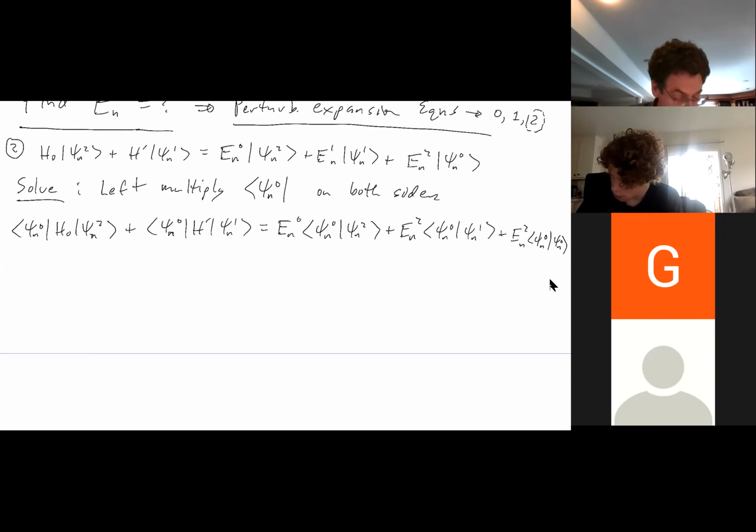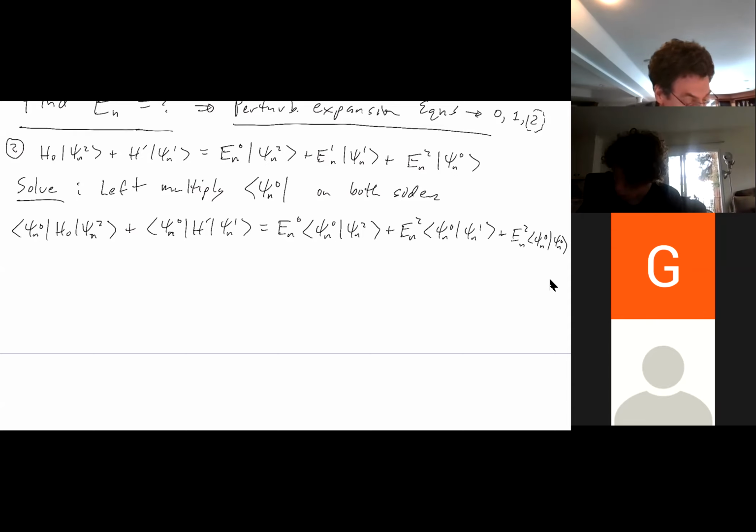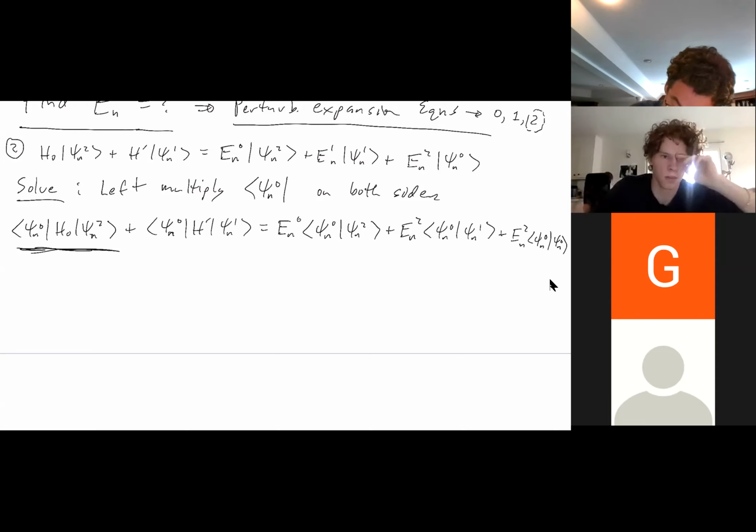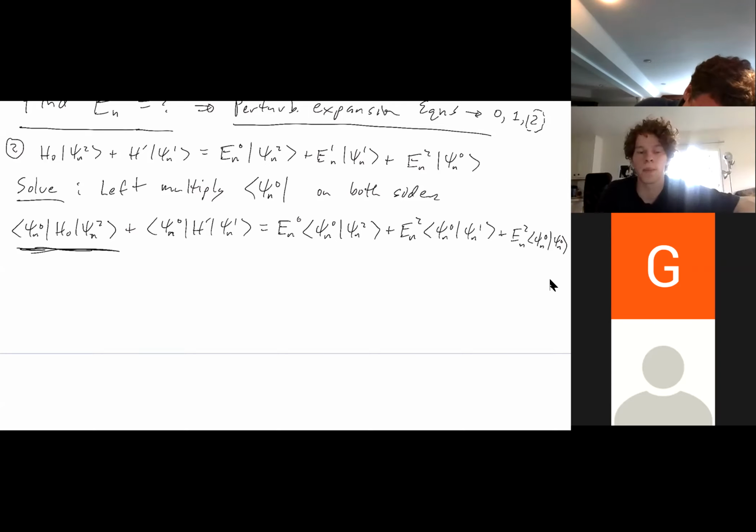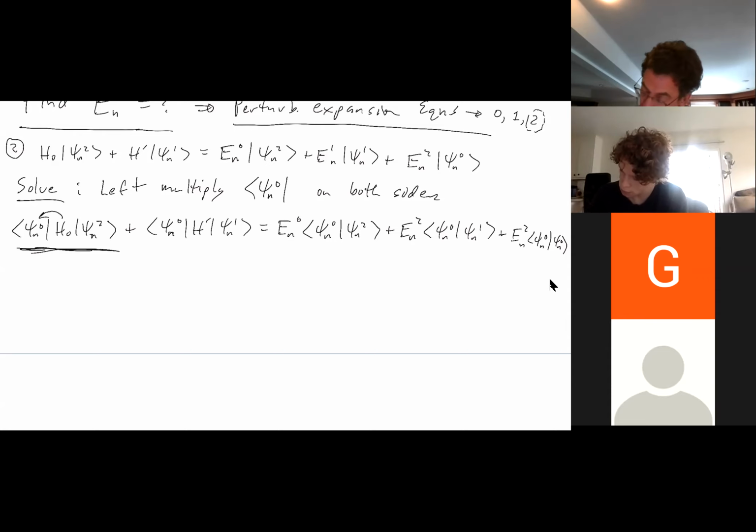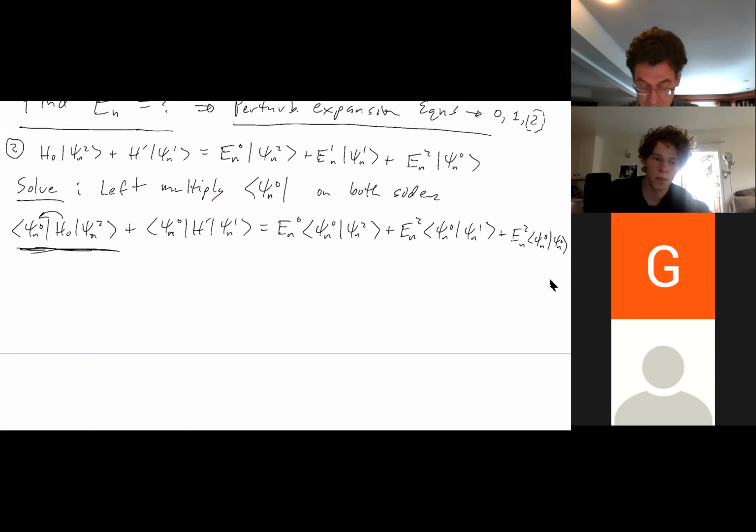Okay, good. Now, one thing that we see right away is that this H naught, because it's a Hermitian operator, I can act to the left. And so when the H naught hits that guy on the left, what's it going to turn into? E n naught. Exactly.